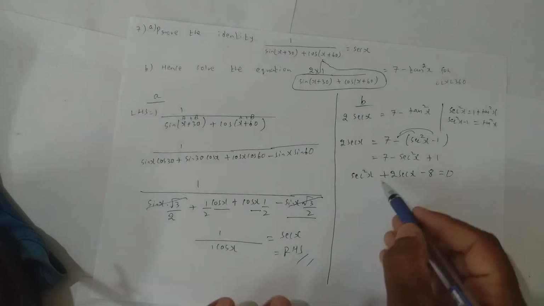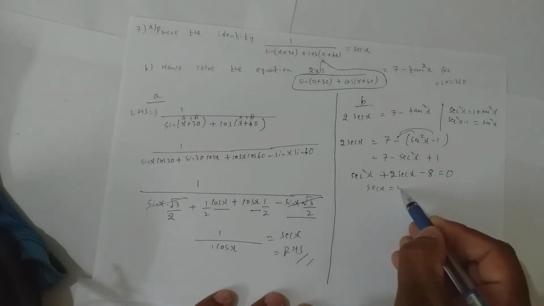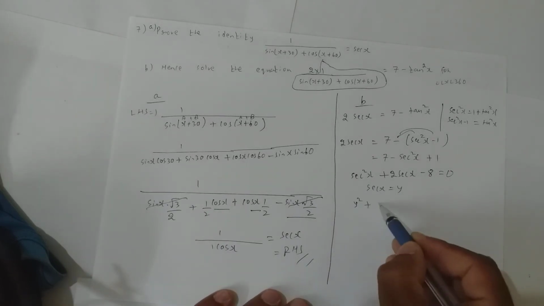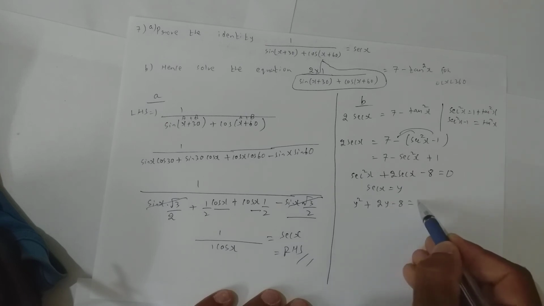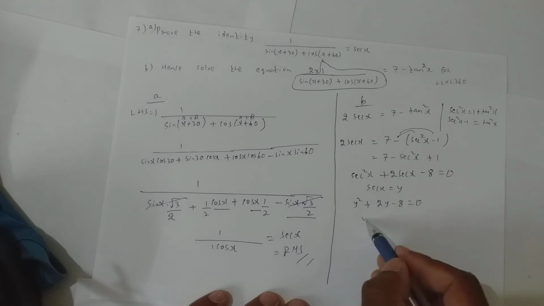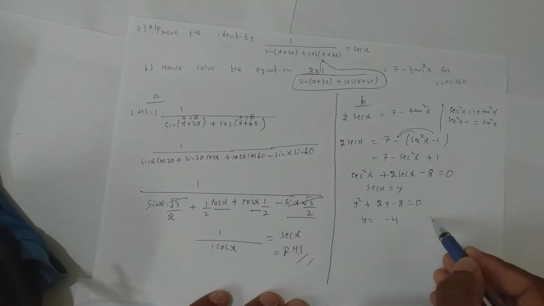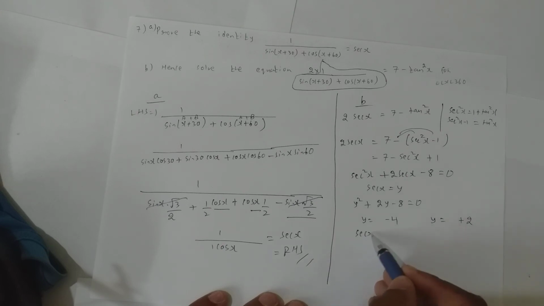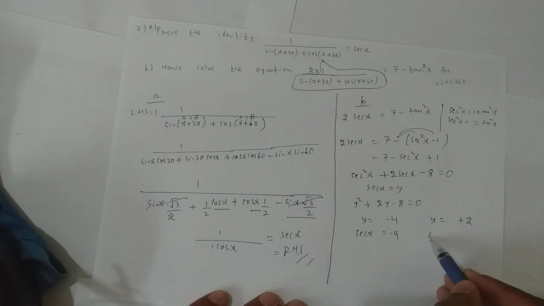Now next step, place secant x equal to y. So what do I get? Y square plus 2y minus 8 equal to 0. So if I solve, my y values are minus 4 and y value is plus 2. Y is nothing but secant x equal to minus 4 and secant x equal to plus 2.